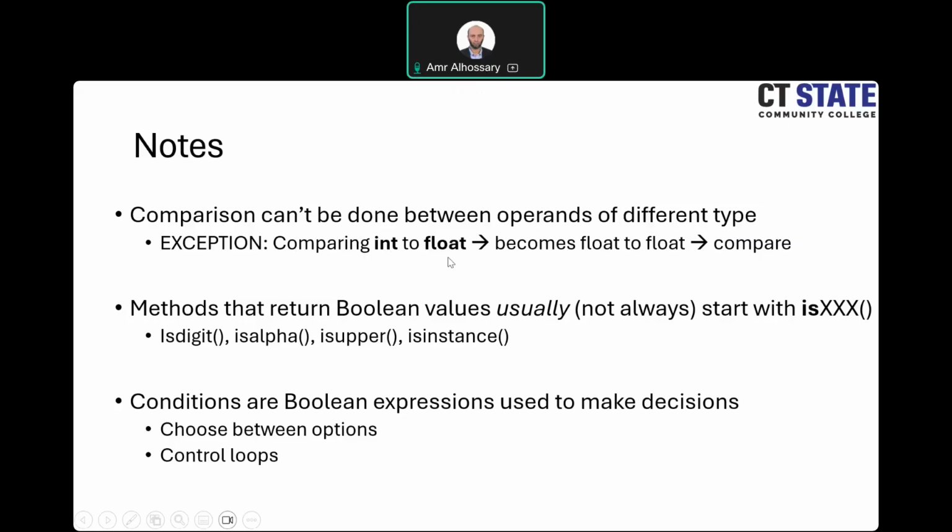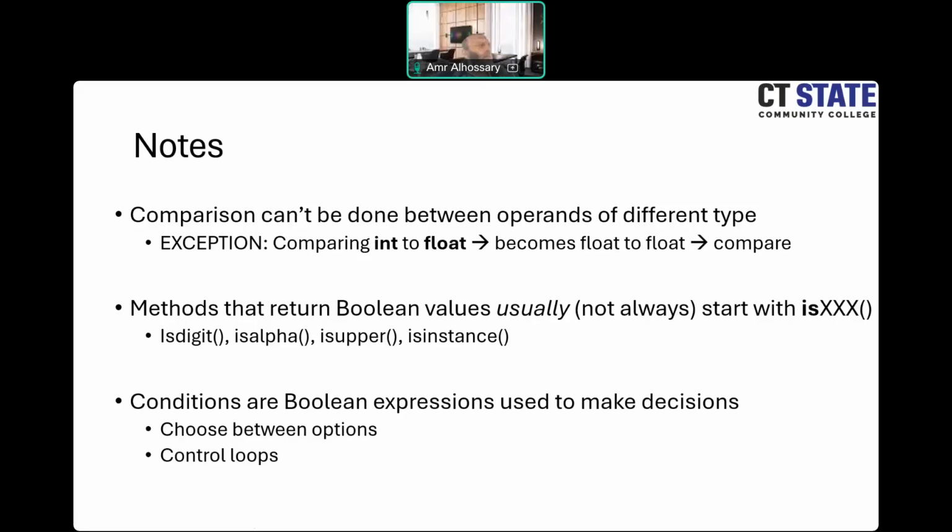Actually, under the hood, the integer is promoted to a float, so it becomes float to float, which is still following the rule, and then we can compare. So only integer and float can be compared together with different types, based on the condition that the integer is promoted to float under the hood.